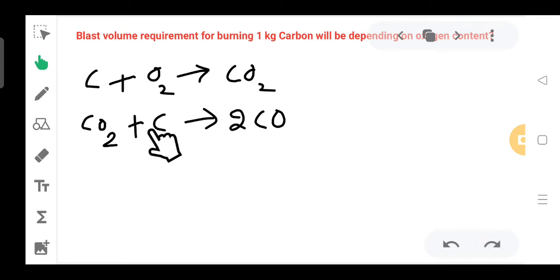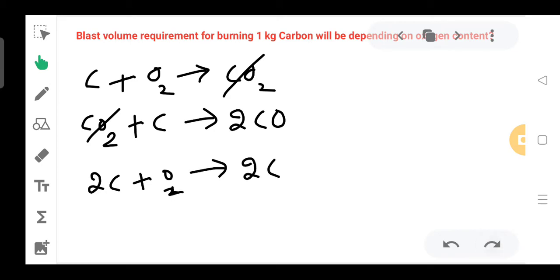If you balance this equation, carbon dioxide gets cancelled on both sides. Here, on the input side, we have 2 moles of carbon and 1 mole of oxygen to produce 2 moles of carbon monoxide.